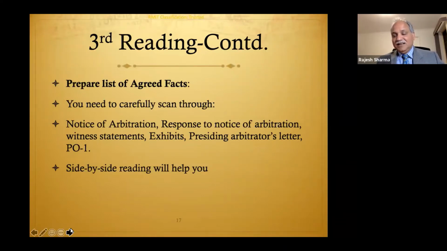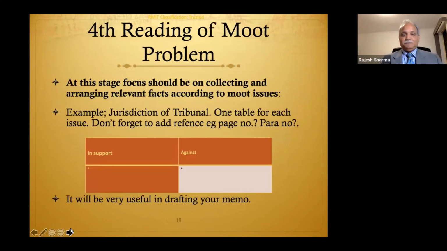It means they have agreed with us. That will be a very good use of facts, this will be seen by the judges very well, and you will get extra marks for that. So the agreed facts in the moot is a very important part to do.